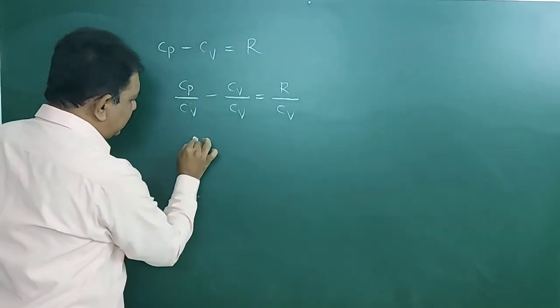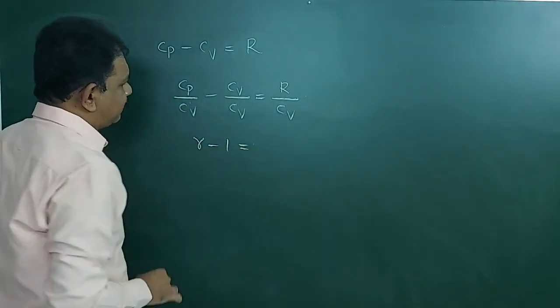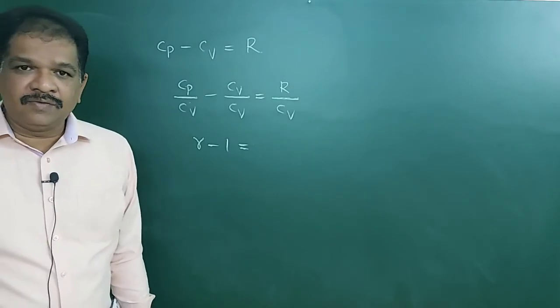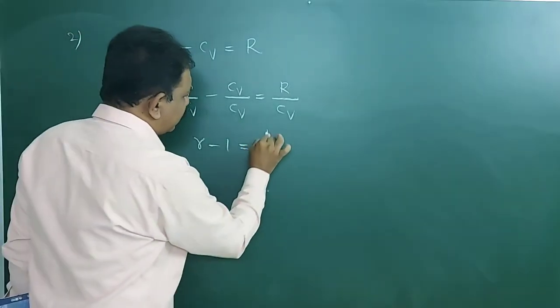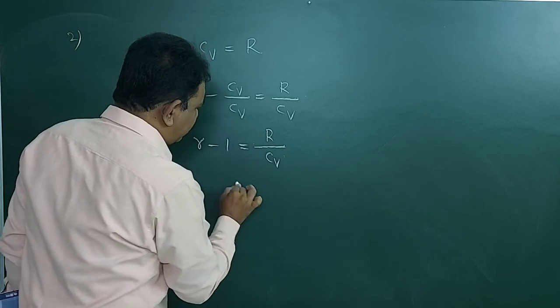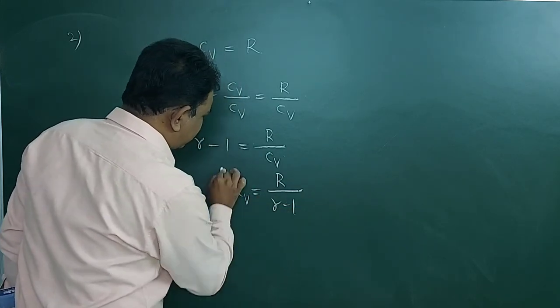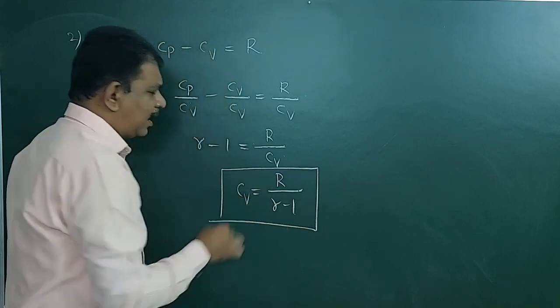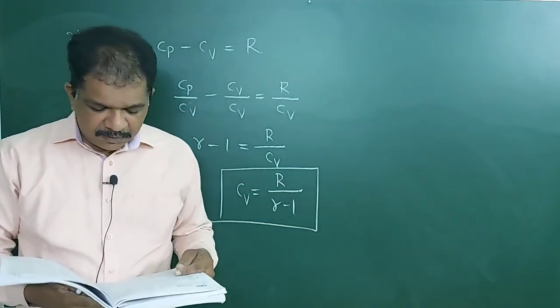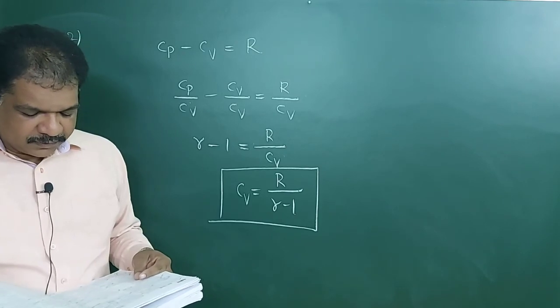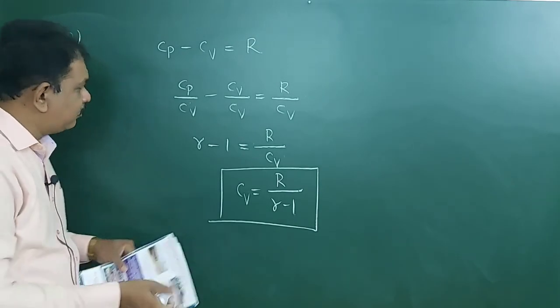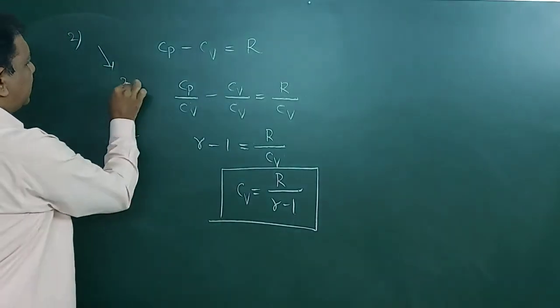Cp by Cv is equal to gamma. Cv by Cv is equal to 1. So gamma minus 1 is equal to R by Cv. Cv is equal to R by gamma minus 1. So second question, it will be third option.